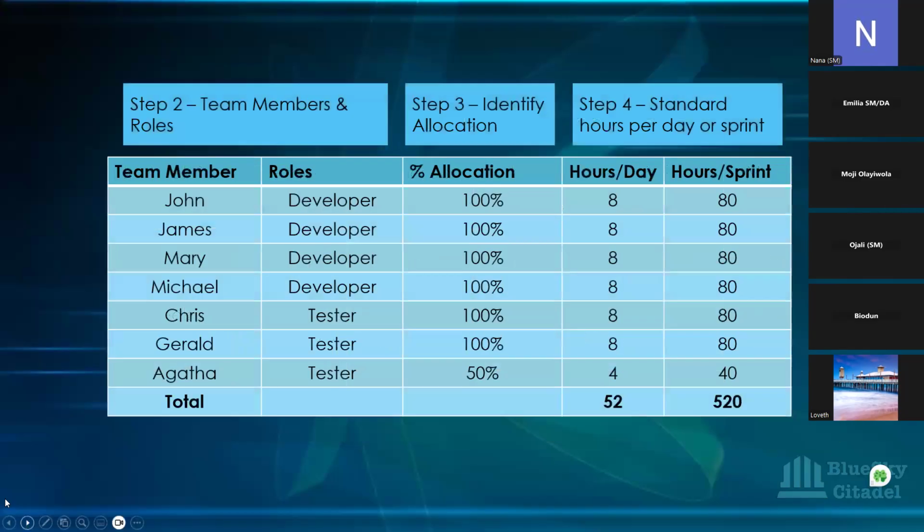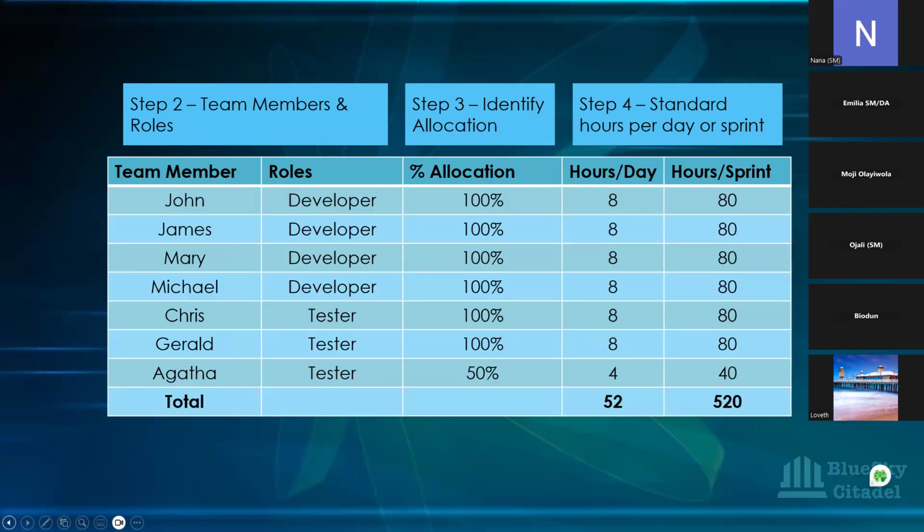And once you know that, the next step you want to take is to know your team members and the roles. So now when you're planning capacity, you can plan capacity for the people that are doing actual development work. We are all in the team, the Scrum Master, the ADM, the BA, and all that. But the people that are actually doing the work are the developers and the testers.